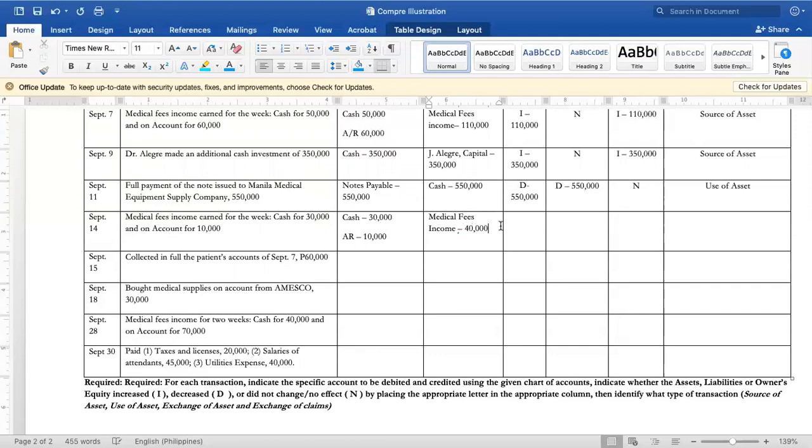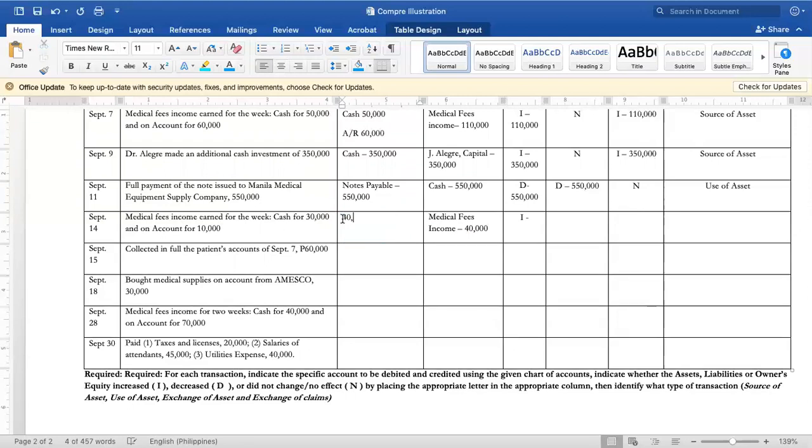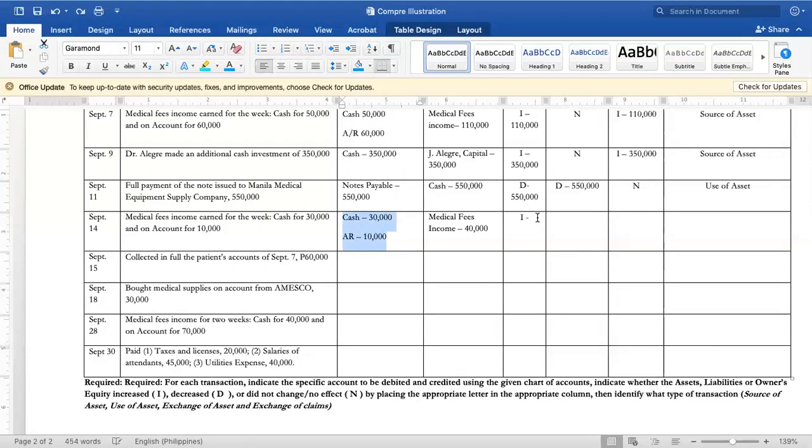Nakautang lang ang 10,000. So, what is the effect on your asset? Increase, decrease. So, it will increase because we debited two asset accounts. So, that is increase in asset. How much is the total increase? That is 40,000. How about liabilities? So, there's no liability account involved in the transaction, therefore no effect.